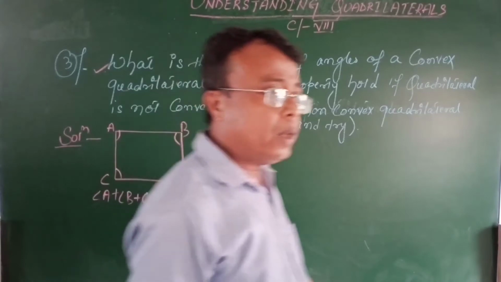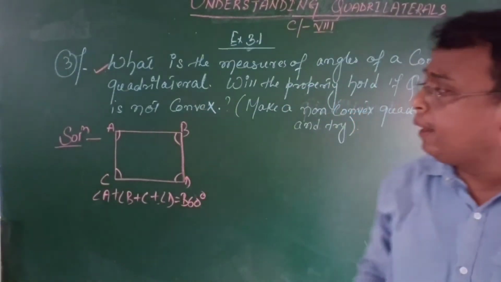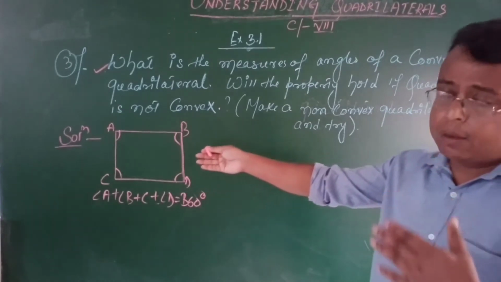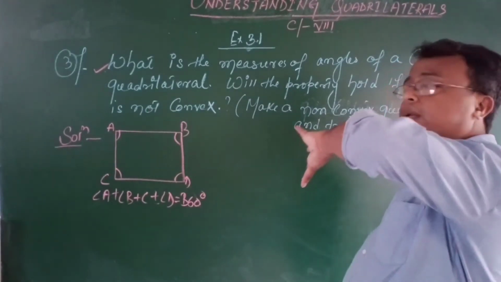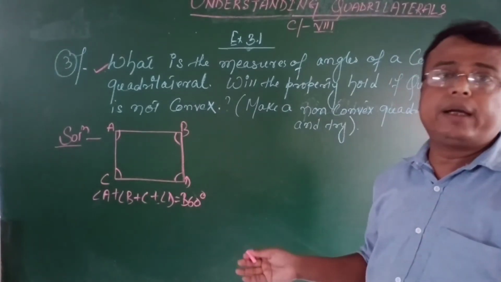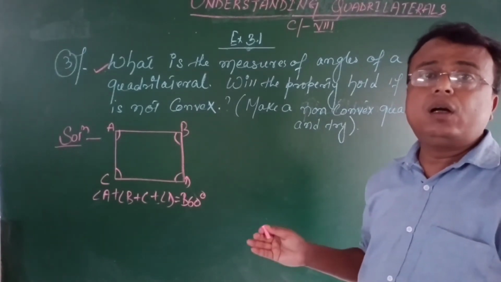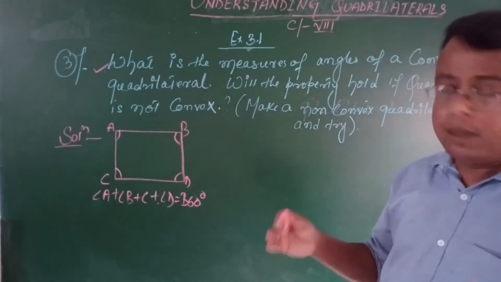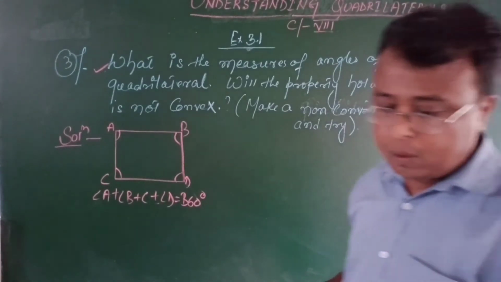Means, in a concave quadrilateral, if the quadrilateral is not convex, whether the sum of the 4 angles is 360 degrees or not. So let us try whether it is 360 degrees or not.